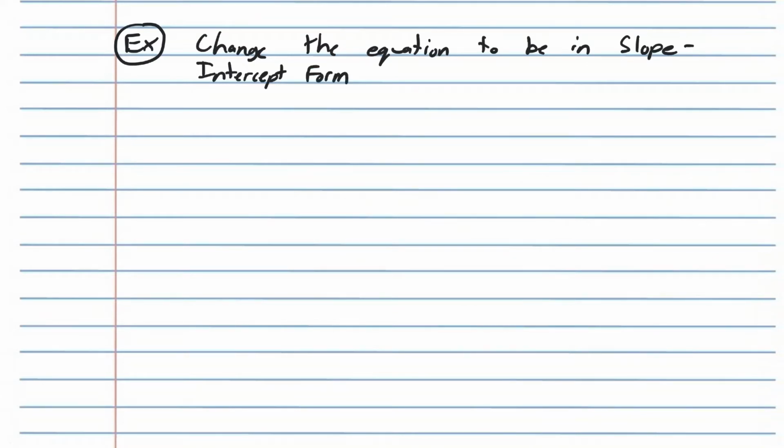In other words, they want to know what the y equals mx plus b form is. And the equation they'll give you is 11x minus 6y equals negative 48.